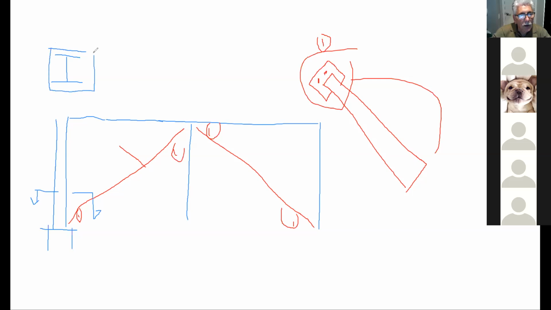Okay. Now, I'm going to change color. I can put a gusset plate in here that I can weld to my column and weld to my base plate.